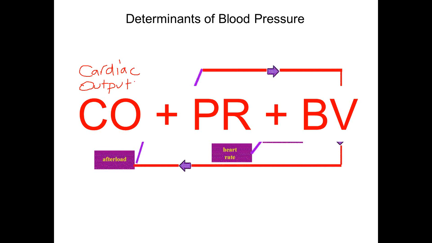So that's the first thing that determines your blood pressure: how much blood is being pumped around the body. Now the second thing that determines blood pressure is something called peripheral resistance.